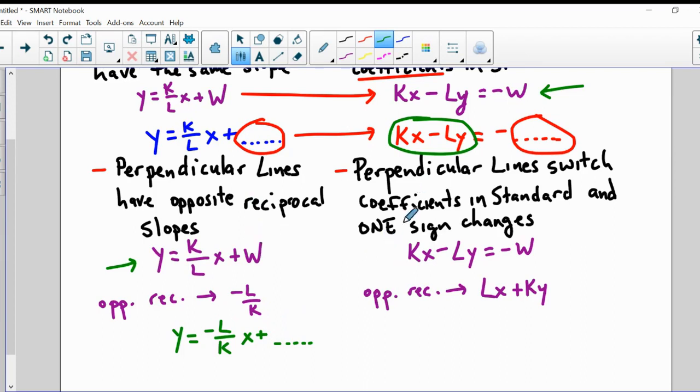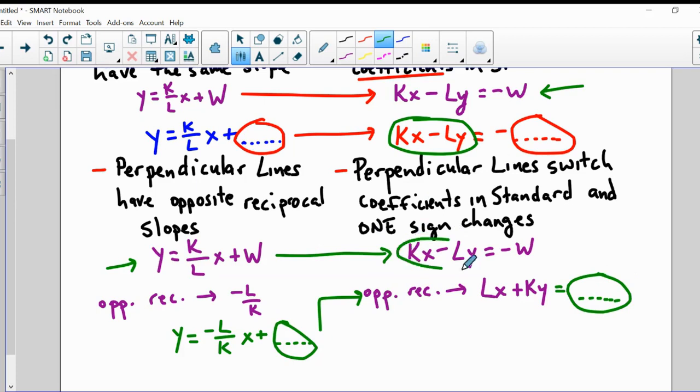So what that means is, if I manipulate this green equation, I'm going to end up with Lx plus ky equals something here. So whatever's here would then get passed on to here. So perpendicular lines have their coefficients switch.